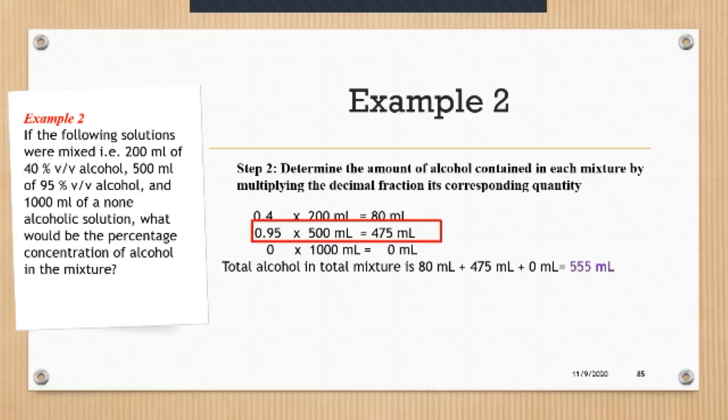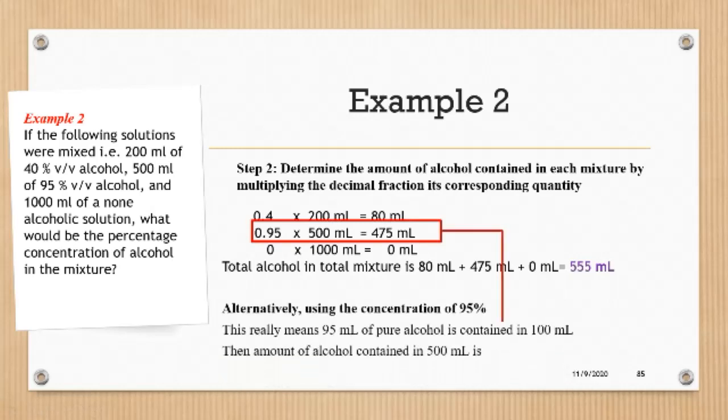Remember, there's an alternative way. If we don't like this way, we can do it the old school way, the OG way, right? So let's say we're going to be calculating the amount of alcohol in the 95%, 500 ml solution. We will say, okay, 95%, so 95 mils of pure alcohol is contained in 100 ml. Therefore, how much will be in 500 mils?